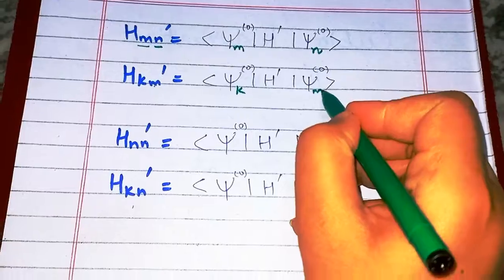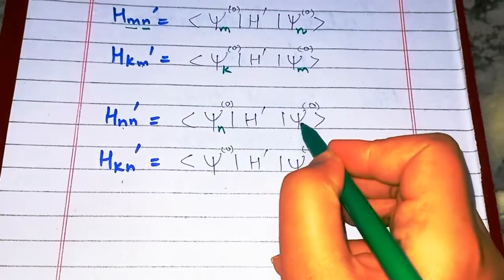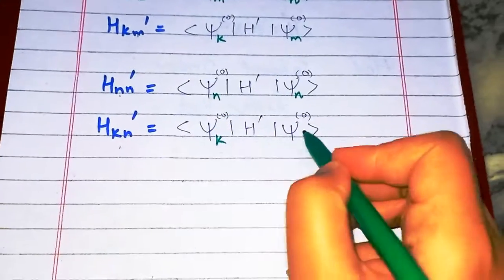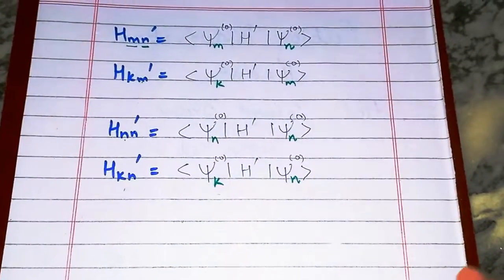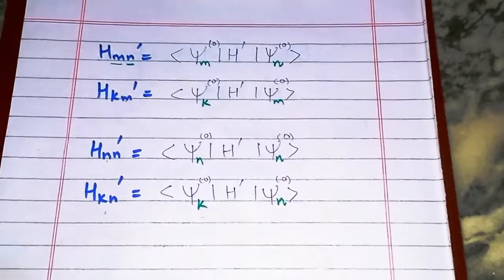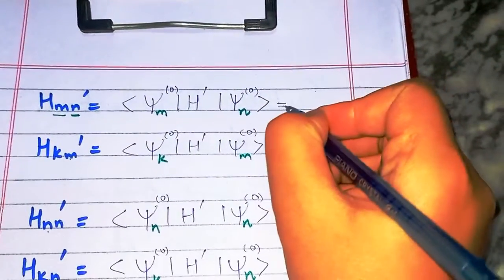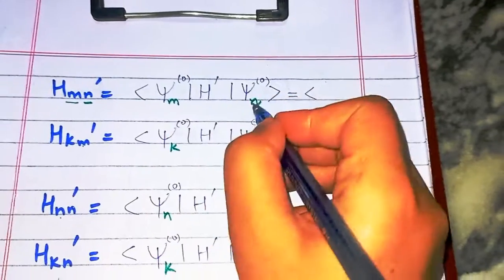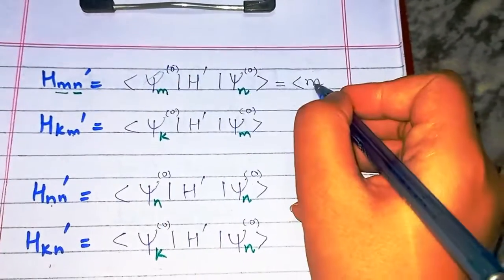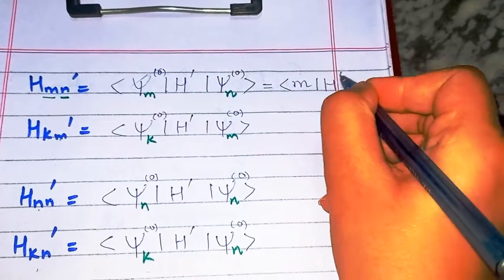So k first, then m, n first, then n again. It's k first and then n. Simple as that. We can also write them in another expression, only writing the quantum numbers. Like we can write m instead of this whole thing. We can only write m, then h prime, then n.